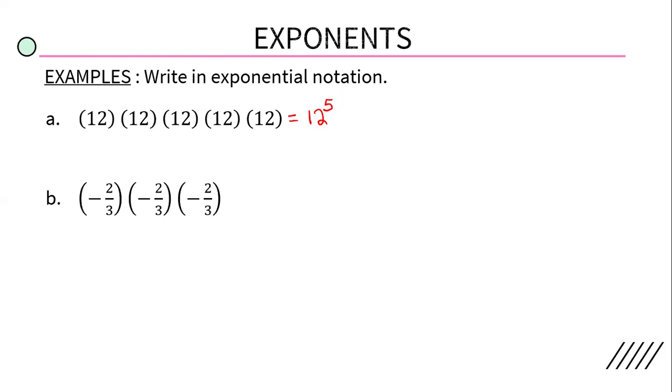We have negative 2/3 times negative 2/3 times negative 2/3. Now we need to make sure that our negative 2/3 remains in brackets or parentheses. So we have our negative 2/3, and we're multiplying it by itself 3 times.